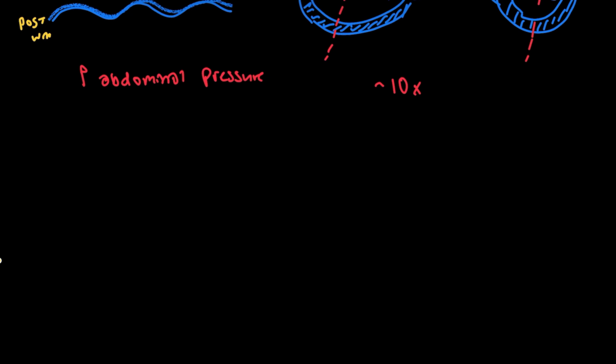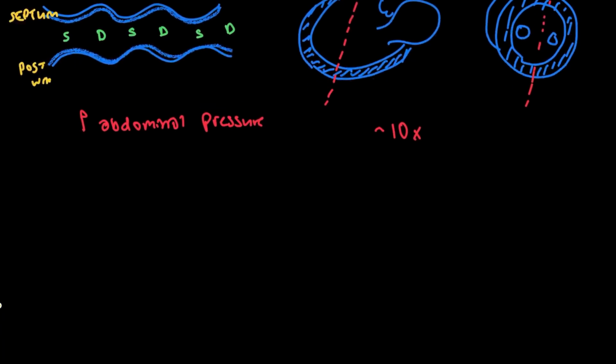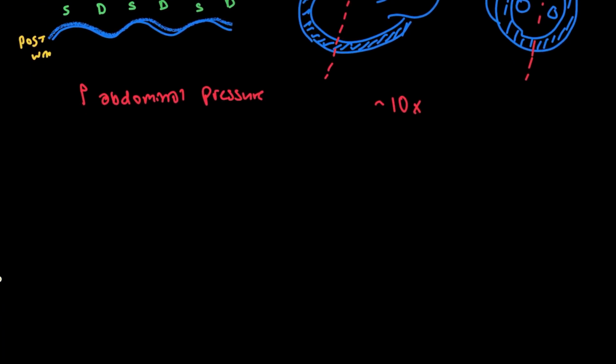You'll see something like this. And for time's sake, I'm not going to draw the right ventricle. I'm just going to draw the septum and the posterior wall. So you'll see that the septum is moving normally, but the posterior wall is flattened by that increased pressure, something like this. The posterior wall is not moving as it should because of that increased pressure below.